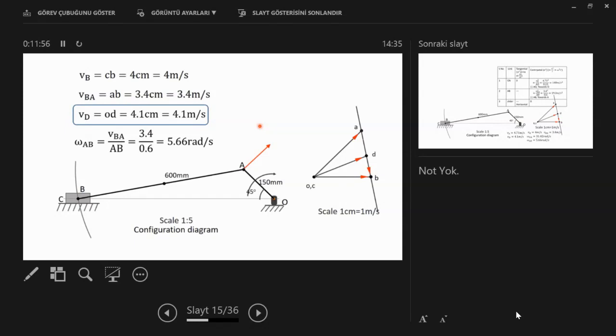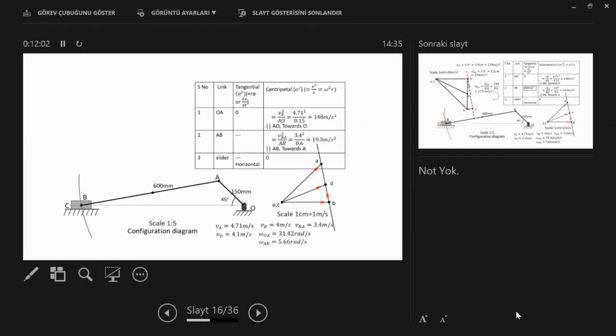So let's continue. We make a table like this, like I did it here, for each member: member 1, member 2, and member 3.